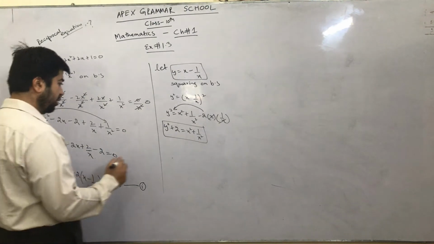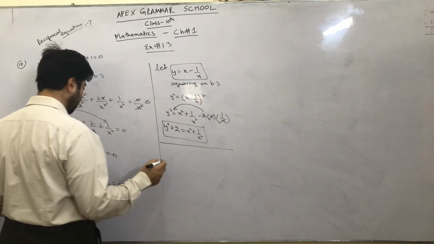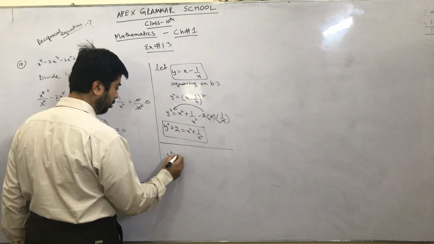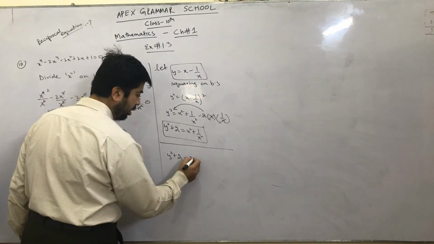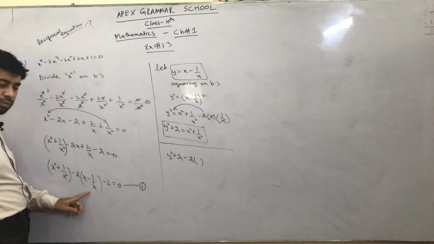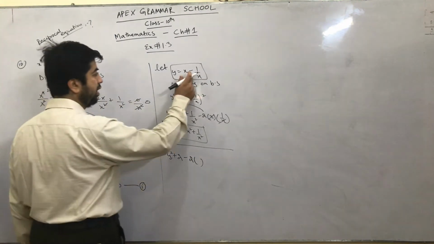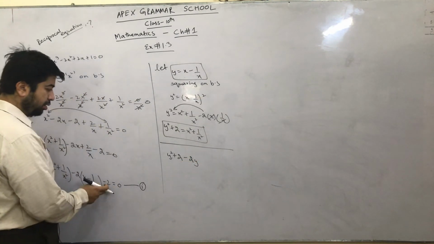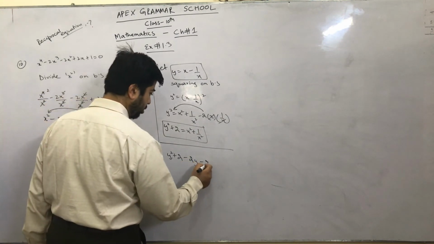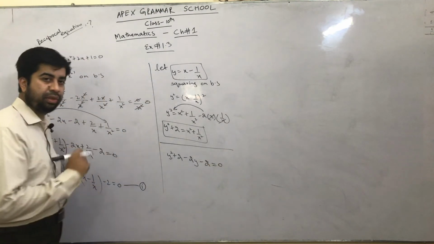So after putting these values, this becomes y square plus 2. And after that, there is minus 2, and minus 2 is going to multiply with x minus 1 over x. x minus 1 over x means y. Okay. And after that, there is minus 2 again is equal to 0. See how simple this is.